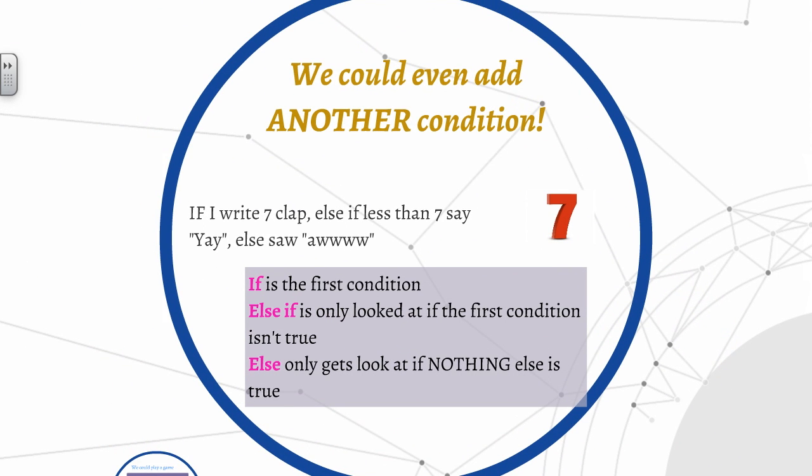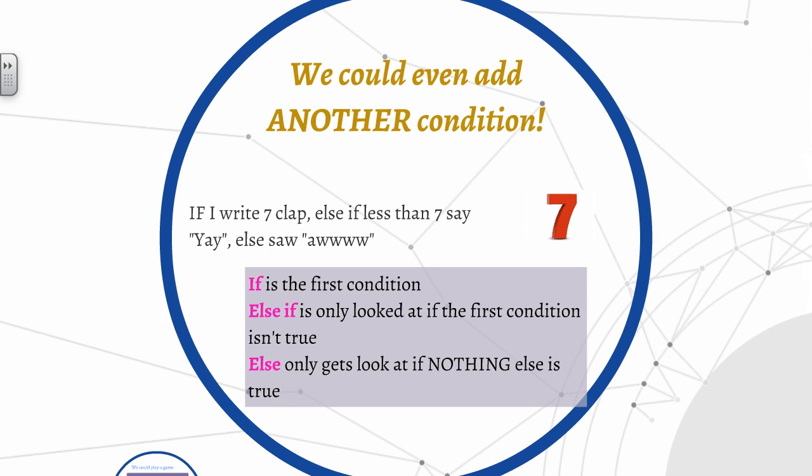Like if we could add another condition, because if is the first condition, else if the first condition isn't true. So, for example, if I write 7, clap, that's the first condition. Else if I write a number less than 7, say, yay. Else, say, aw. So there's 3 possible results from whatever I write on the board.